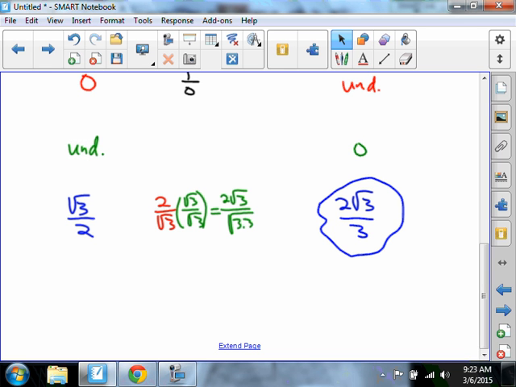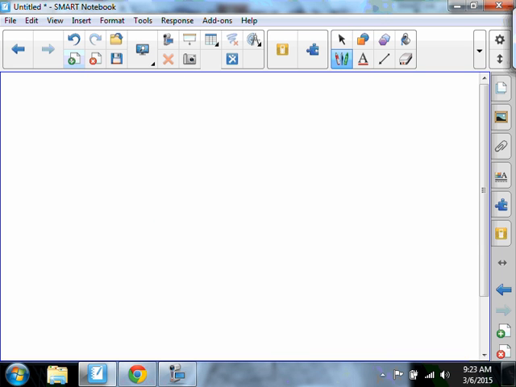So let's see how this all ties in with the unit circle. When you take the unit circle challenge, I might ask you to evaluate the secant of 3 pi over 4. Some of you are going to know it right off the bat. I know that it's negative rad 2. Wait a minute. No, it's positive rad 2. I'm sorry. I stand corrected.